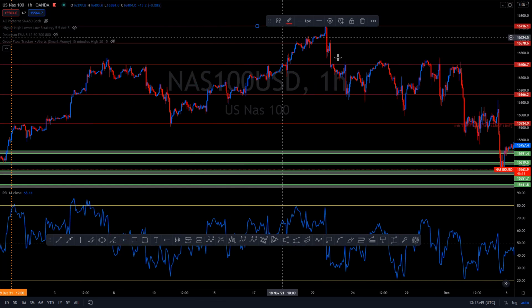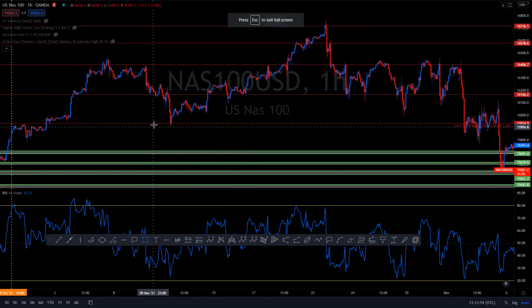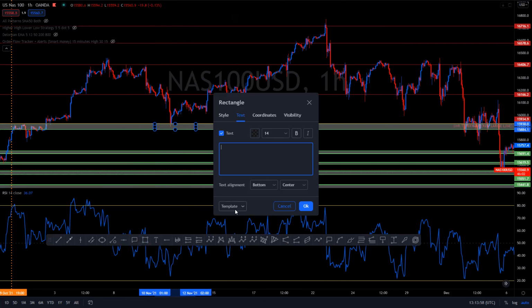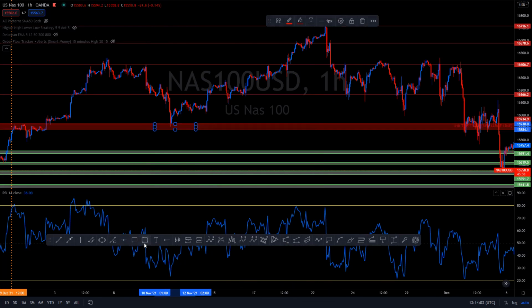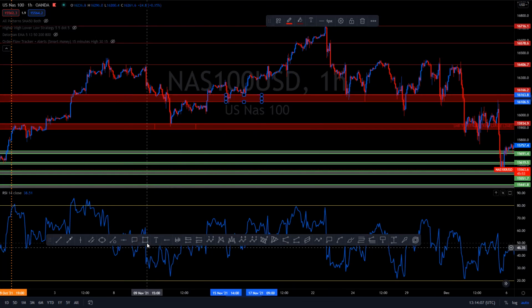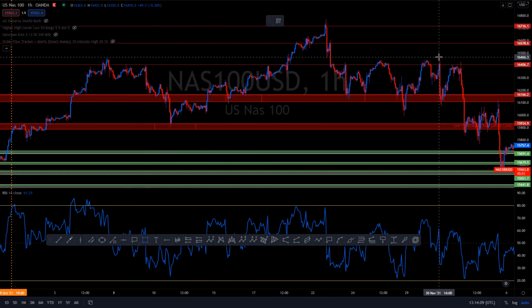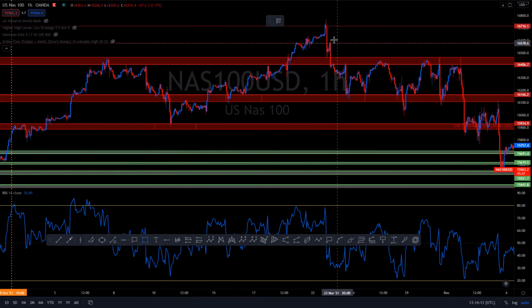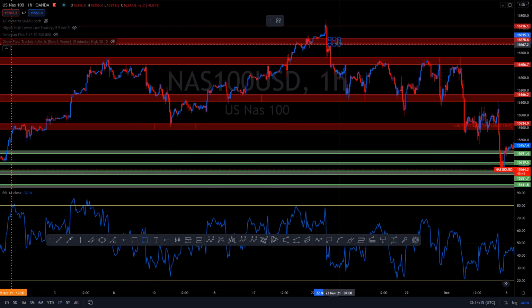All right. So then we're going to draw supply demand zones off of these, make these red so they match with the horizontal line color. Then we're going to move to the 4 hour, see what current price is at. Then we'll go back to the 15 and analyze our sniper entries and then just wait for the opportunity and then see if we can capitalize.